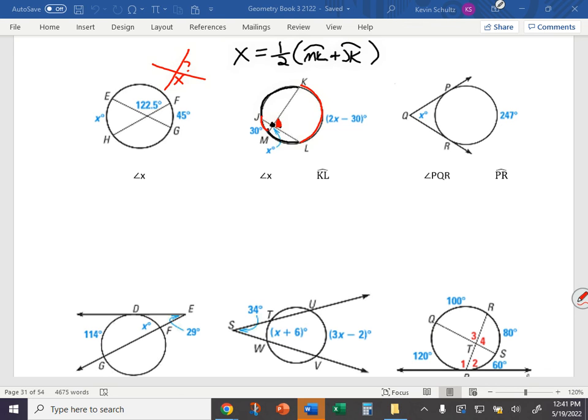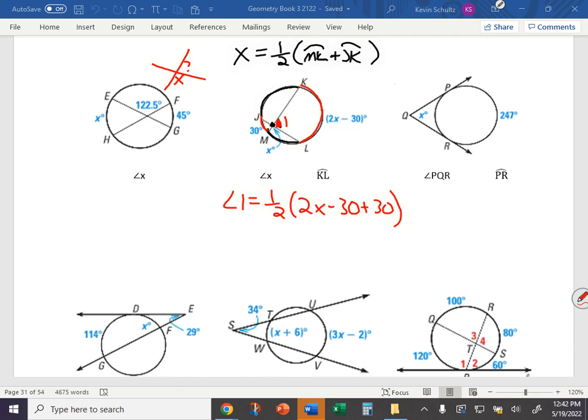That's what the measure of the angle would be, right? Just call it angle 1. Angle 1 is equal to 1/2 the sum of 2x minus 30 and 30. Now what happens with our negative 30 and our positive 30?